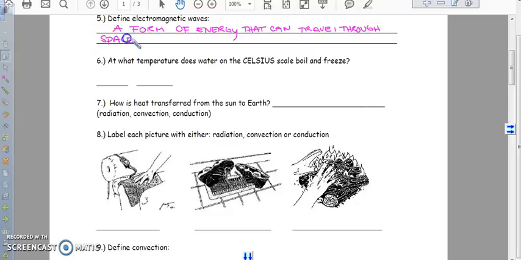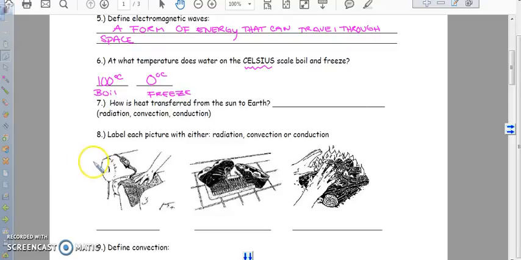Okay, at what temperature does water on the Celsius scale, I'm not thinking of Fahrenheit, but Celsius scale, boil and freeze? It boils at 100 degrees and it freezes, we should know, at 0 degrees Celsius.